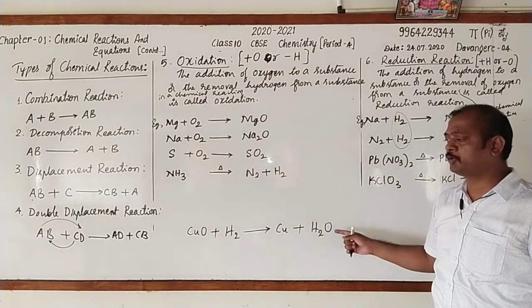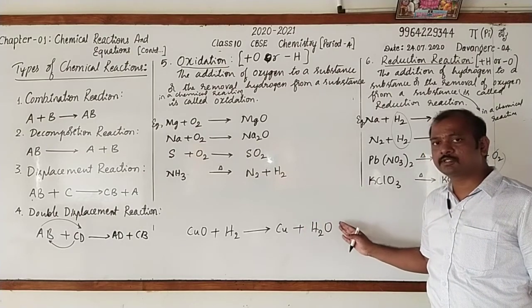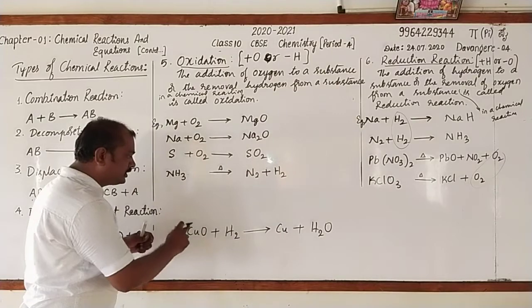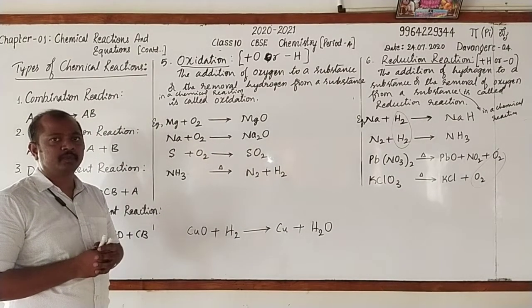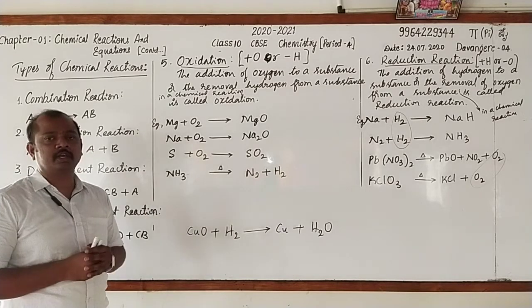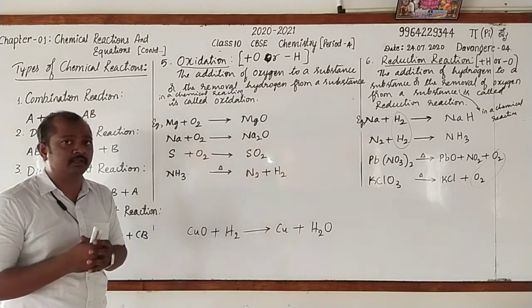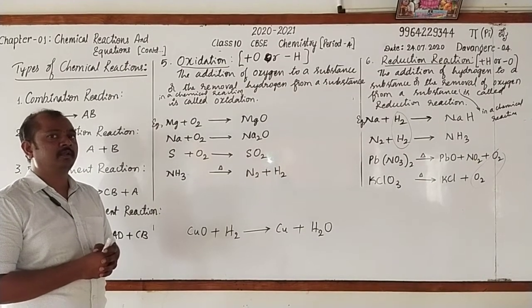These are the products. Please do remember, this chemical reaction is very important. And you can observe in this chemical reaction whether it is an example of oxidation or reduction. As soon as you observe H2, you can tell that, sir, it is addition of hydrogen, so it is reduction.